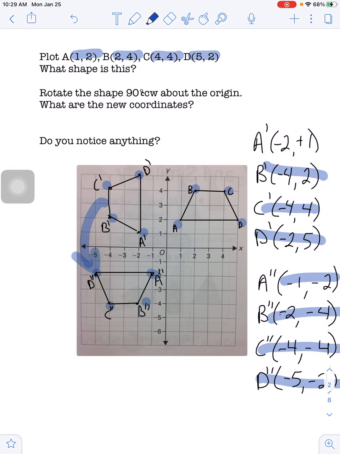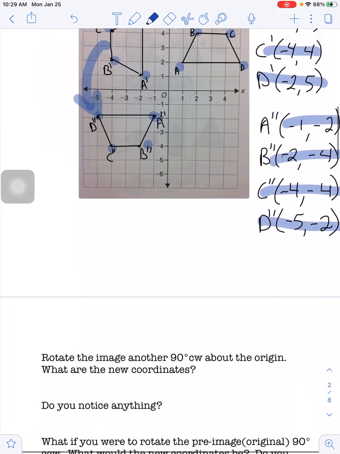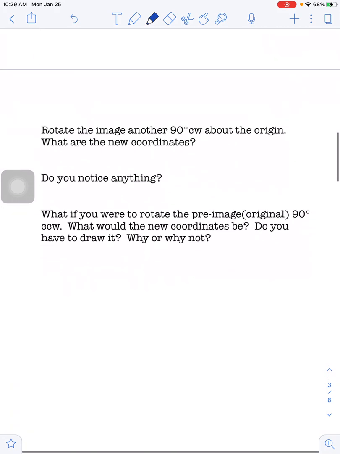So instead of the numbers being all positive, they're all now negative. If the numbers were all negative, they would become all positive. In this case, we went from quadrant 1 all the way to quadrant 3. That's a 180 degree clockwise or counterclockwise rotation. It doesn't matter which direction you go, because 180 degrees is just halfway around. So we noticed a few patterns there, which we already talked about.